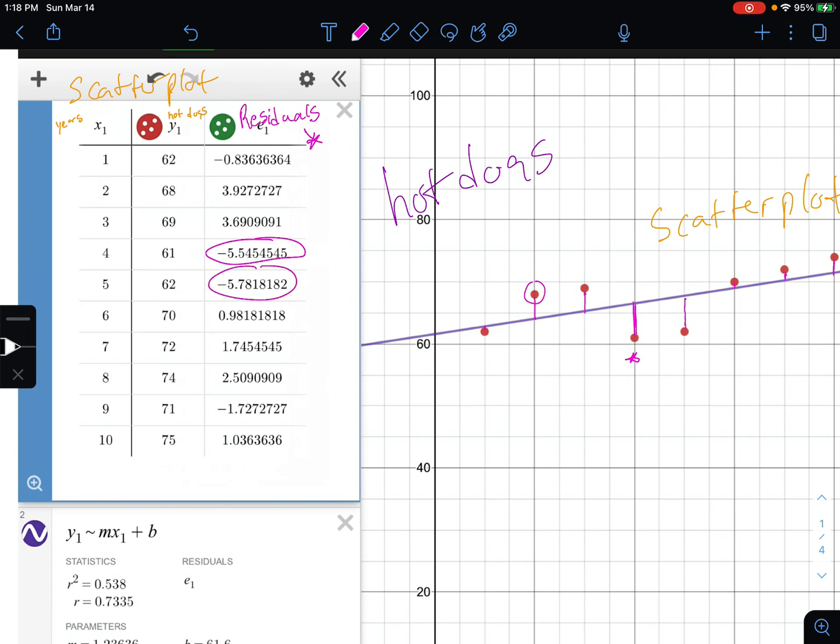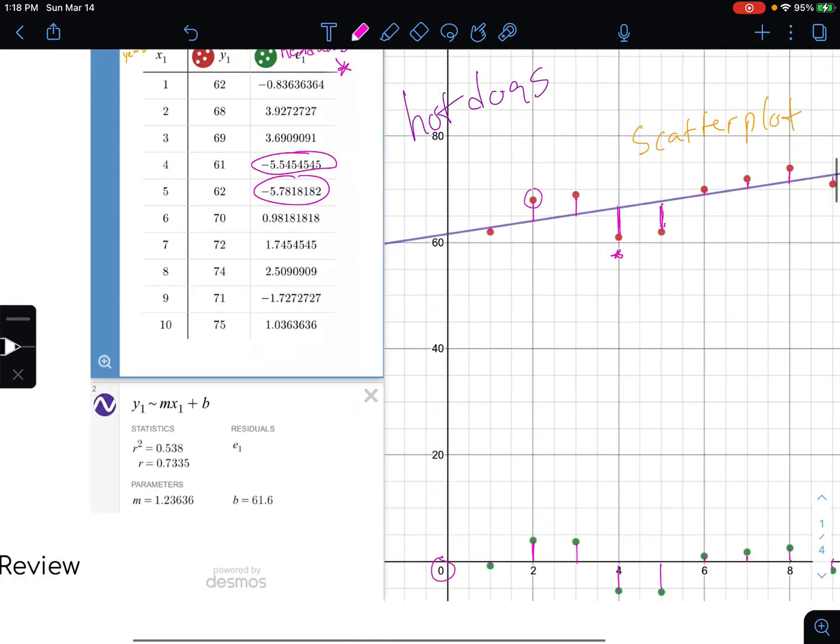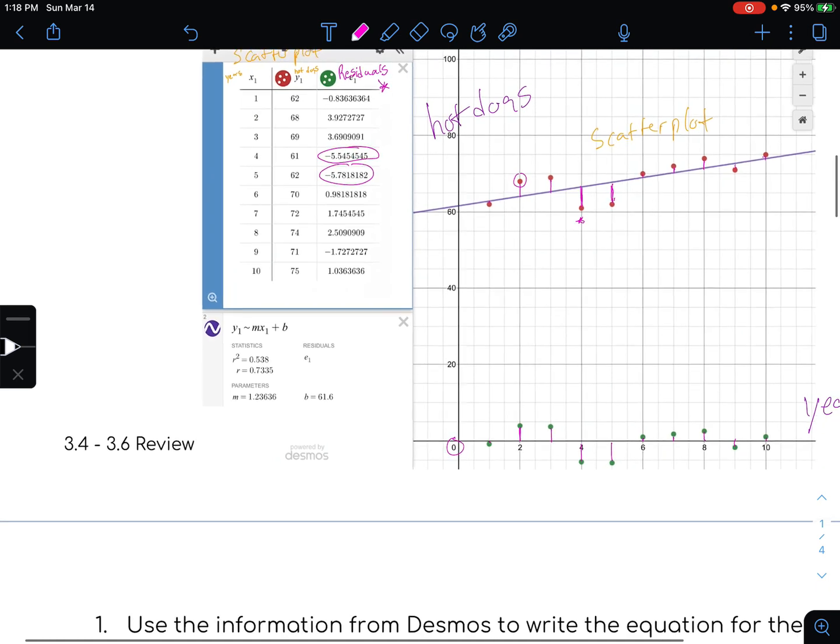Notice the next one, similar, is 5.8 units below the line. So you can see how those are shown in there as well. All right, so those are the residuals. I'll just actually write that down here because that's what that graph is of the residuals.